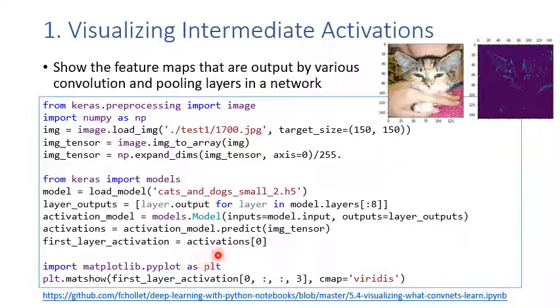After that, it is ready to be visualized. We first visualize the first activation and plot the first layer activations using a color map. The original source code can be found in the Francois Chollet notebook on GitHub.